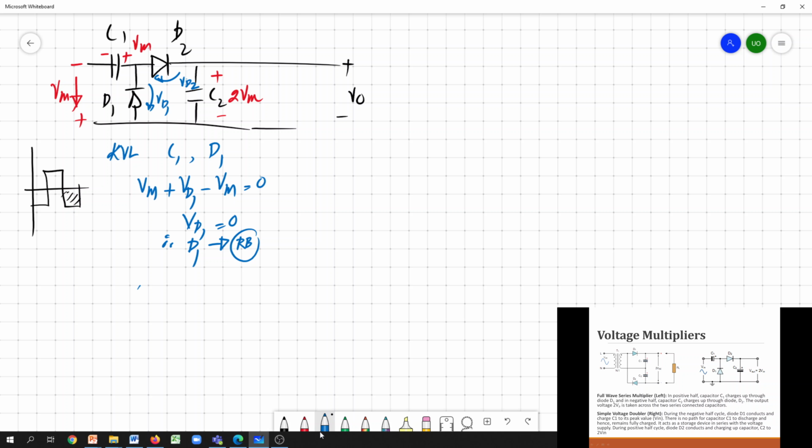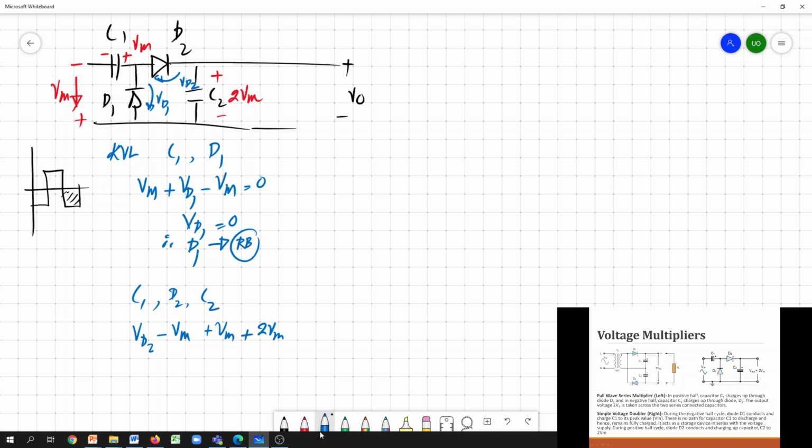Then we'll apply Kirchhoff for C1, D2, C2. So if you apply Kirchhoff, we have Vd2 minus Vm, which is the voltage across the capacitor, plus Vm plus 2Vm.